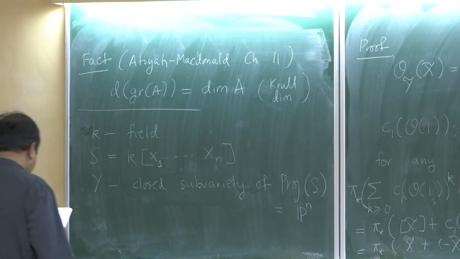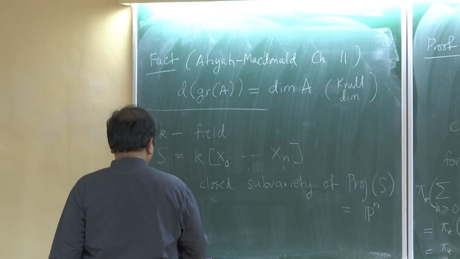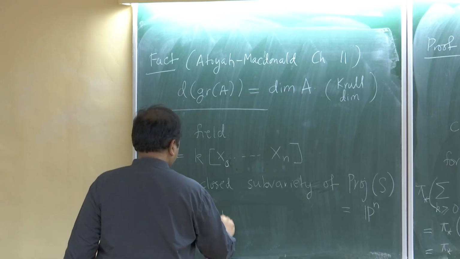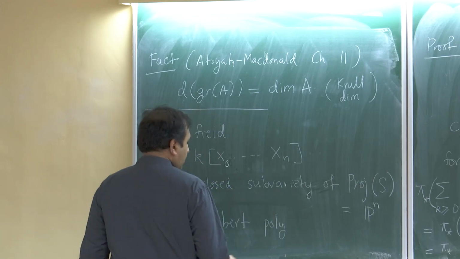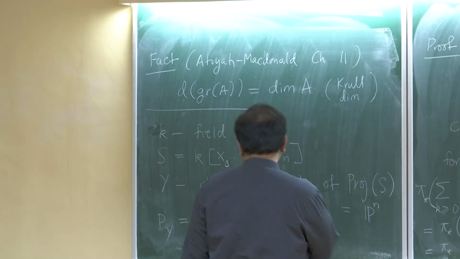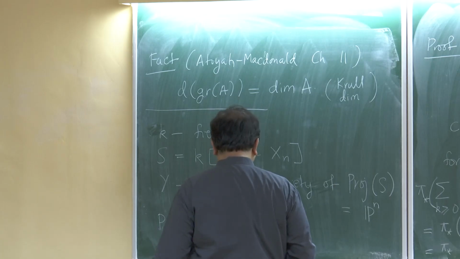So then P_Y, I define P_Y to be the Hilbert polynomial. I just defined H to be the function, but P_Y is a polynomial that actually matches the function for large values.